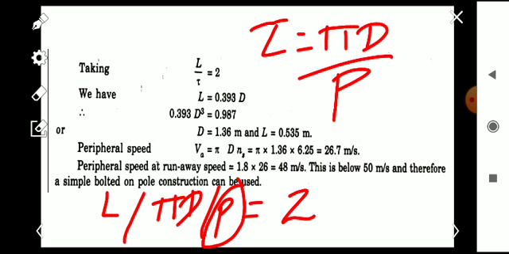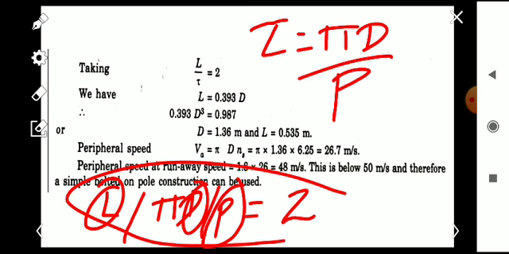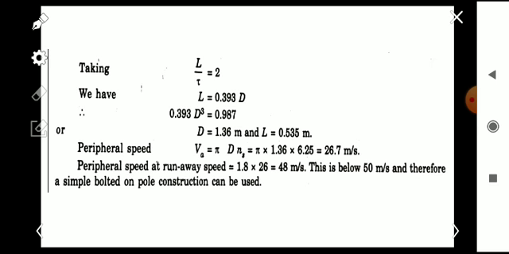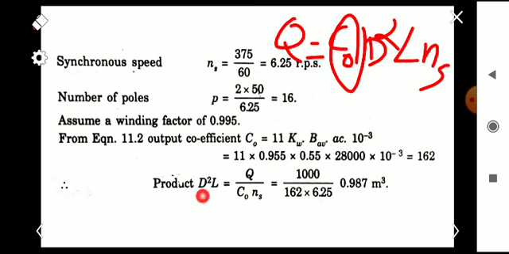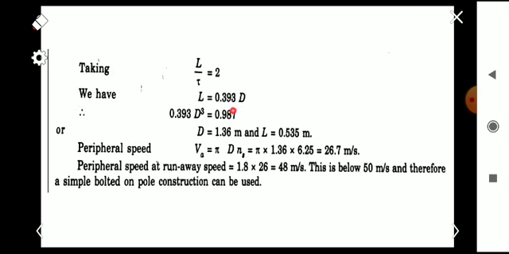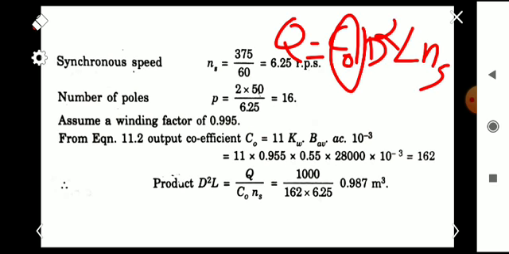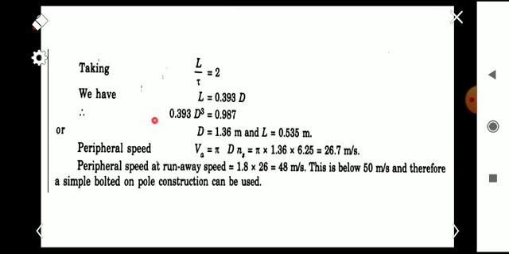So we will get a relation between L and D from this equation, and we obtain L is equal to 0.393 D. We substitute the value of L in this equation, instead of L we substitute 0.393 D, so it becomes 0.393 D cube equal to 0.987. From that we obtain the value of D as 0.36 and L as 0.535 meter.